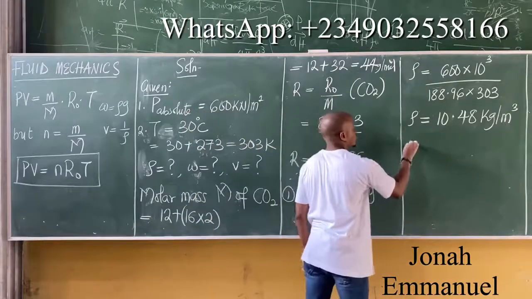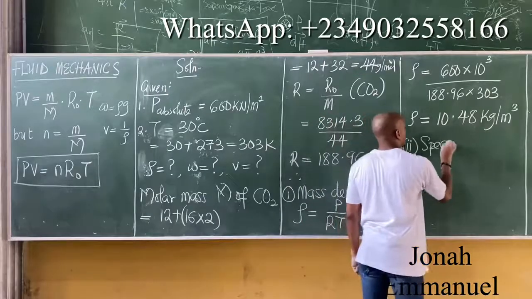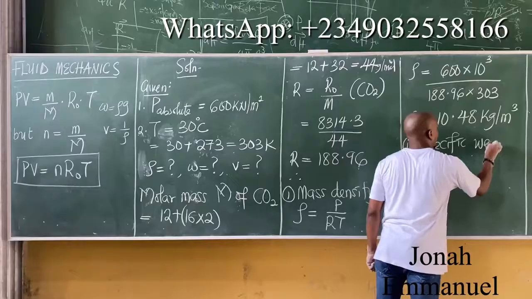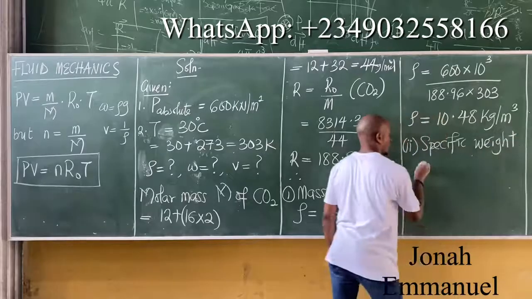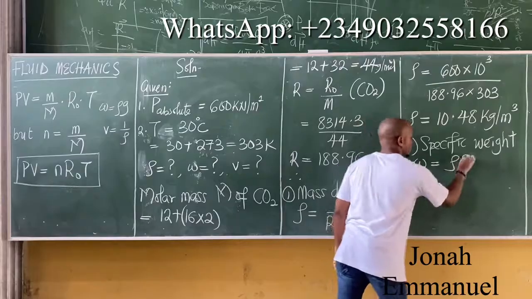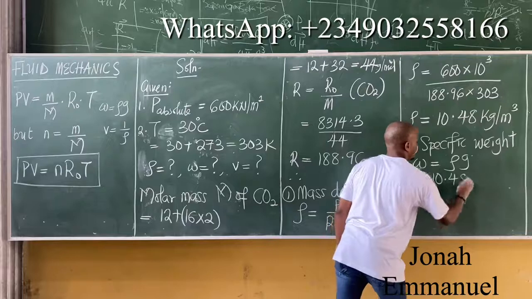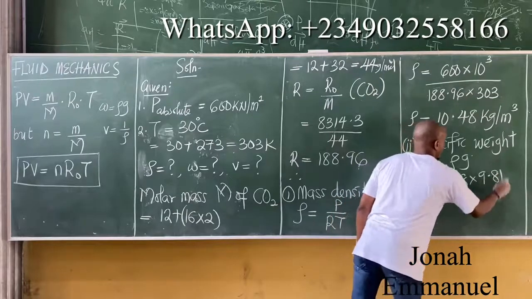What's next in number 2? You have to find the specific weight. This one here is equal to what? Mass density times what? Gravity. That's equal to 10.48 times 9.81.